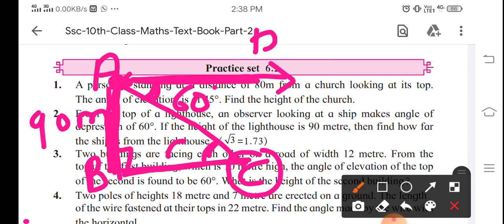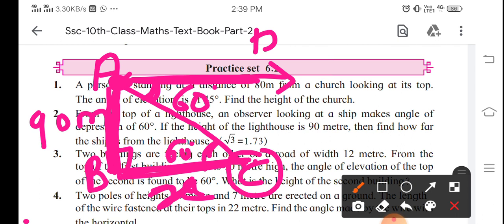So this is also 60 degrees. Now we got the 60 degrees. Now we have to find the value of BC. This BC is the distance between this person and the ship. So we are assuming that it is x. So this will be our diagram.